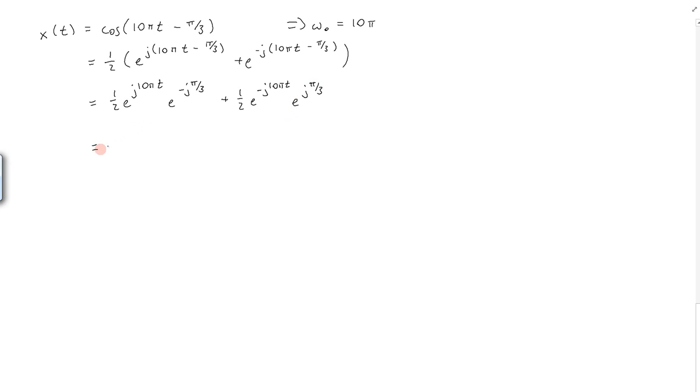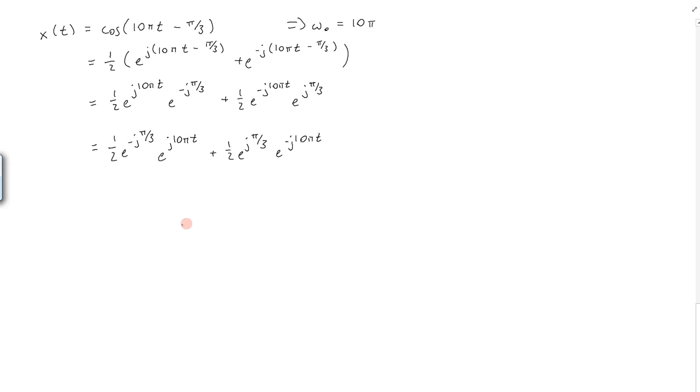Now rewriting this once more, I'm just going to regroup things, and I have 1/2 e to the minus j pi thirds times e to the j 10 pi t plus 1/2 e to the j pi thirds e to the minus j 10 pi t, simply rewriting the previous equation in a slightly altered form.